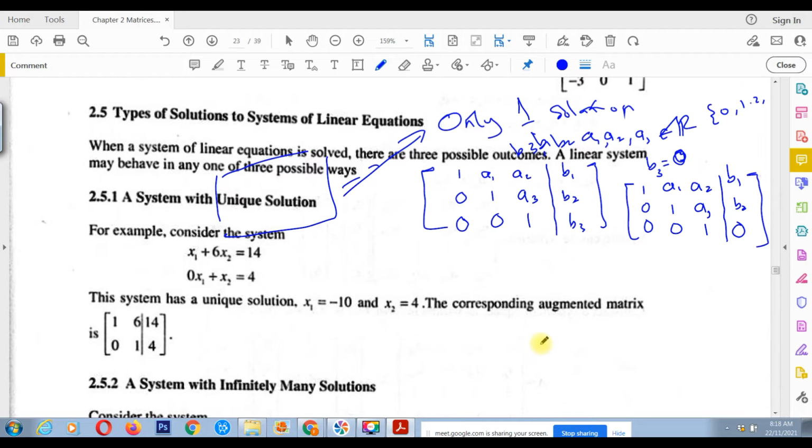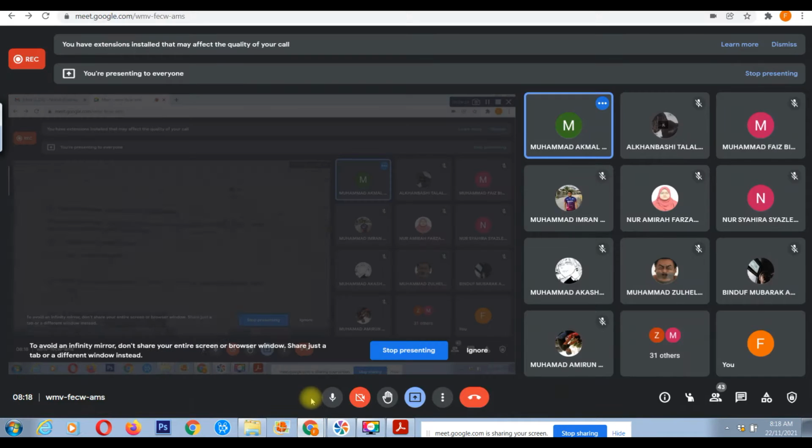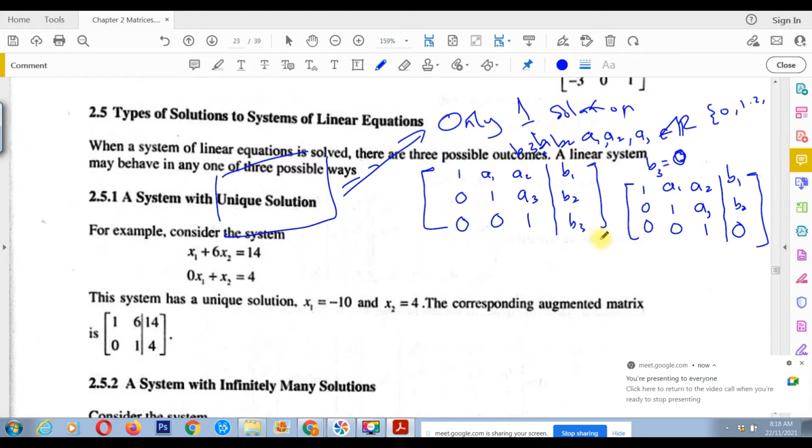Not clear, please repeat. Similar. What is the similarity? Similar, because as long as our matrix here is 1 1 1 here, and then the rest is 0.